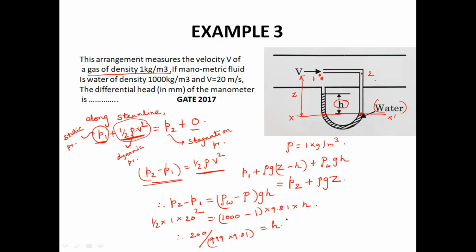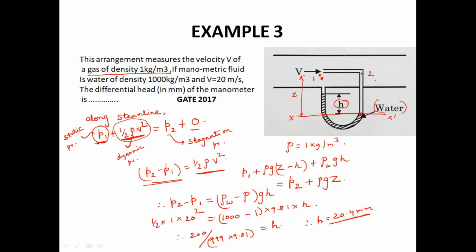So h will come to nearly 20 mm, very close to 20 mm. 20.4 mm is the answer. The h value is asked in mm, so it will come to nearly 20.4.